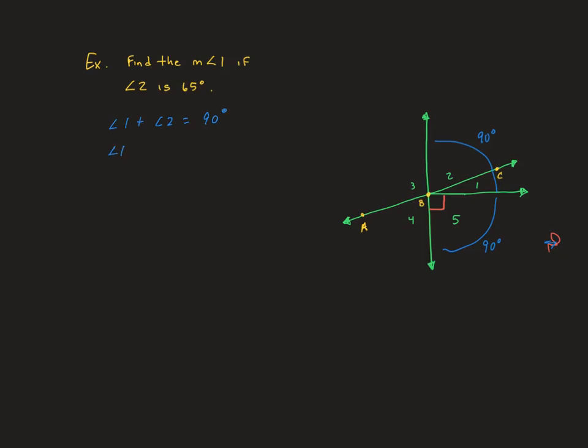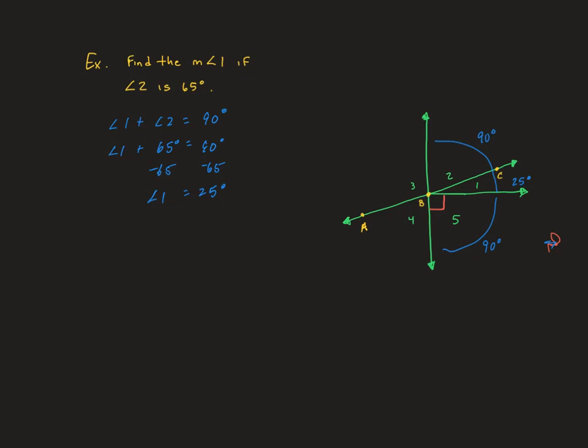And if angle 2 is 65 degrees, using my properties of equality, I subtract 65, and I end up with 25 degrees. Angle 1 is going to be 25 degrees. So 25 plus 65 is 90, plus another 90, so there you go.